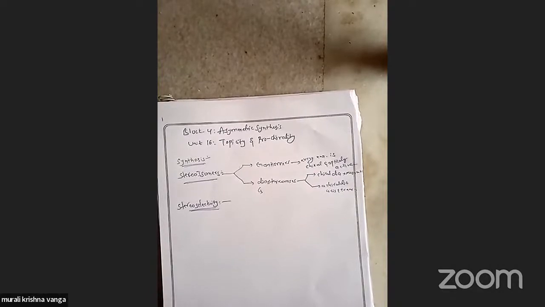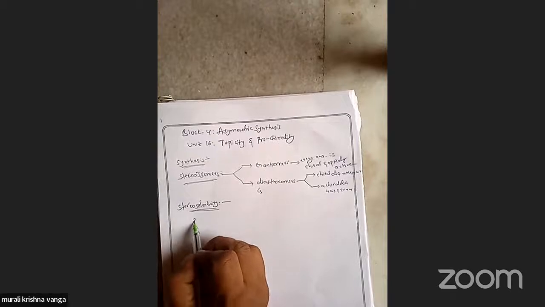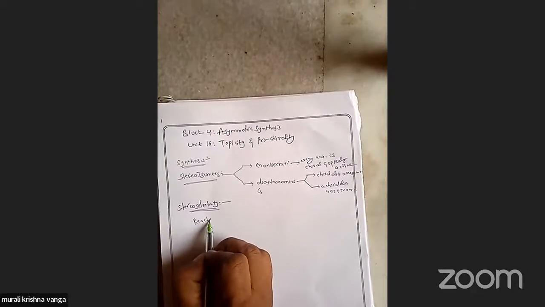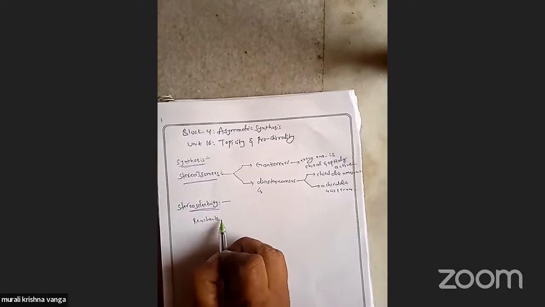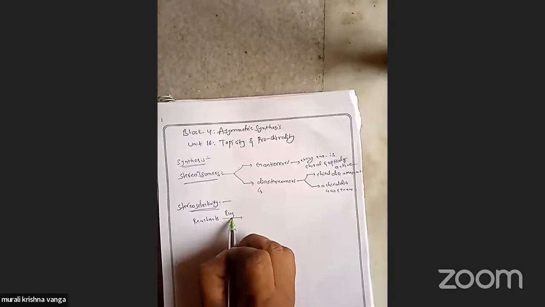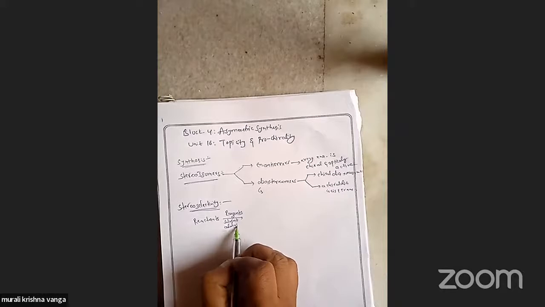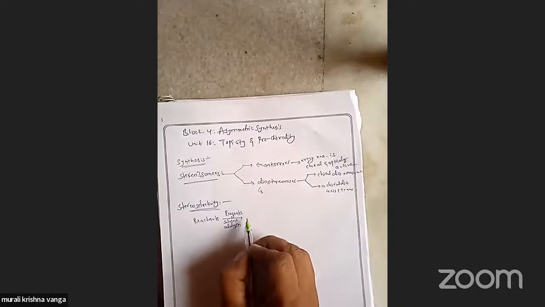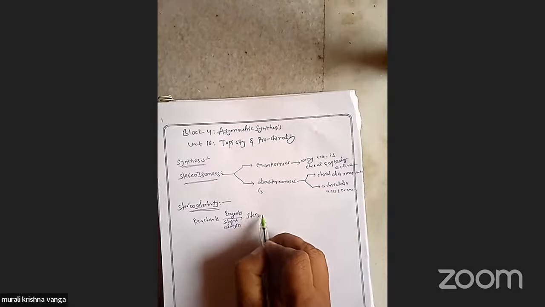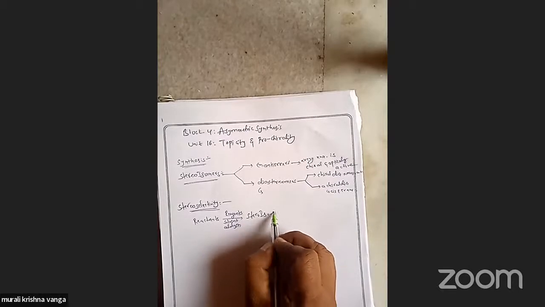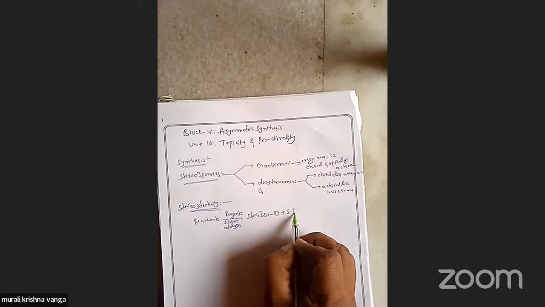Stereoselectivity. Any chemical reaction which produces an unequal amount of stereoisomers or exclusively one stereoisomer is called a stereoselective reaction. When a reactant reacts with reagents, solvent, and catalyst, it produces stereoisomer 1 and stereoisomer 2.